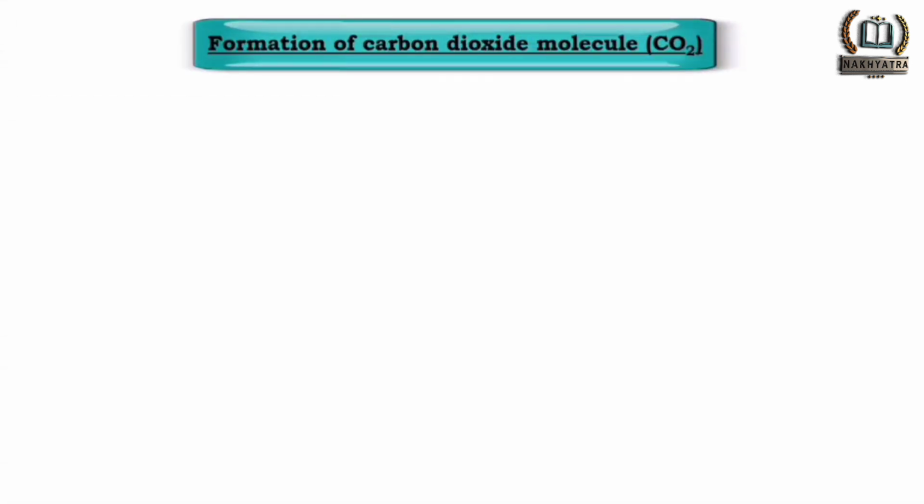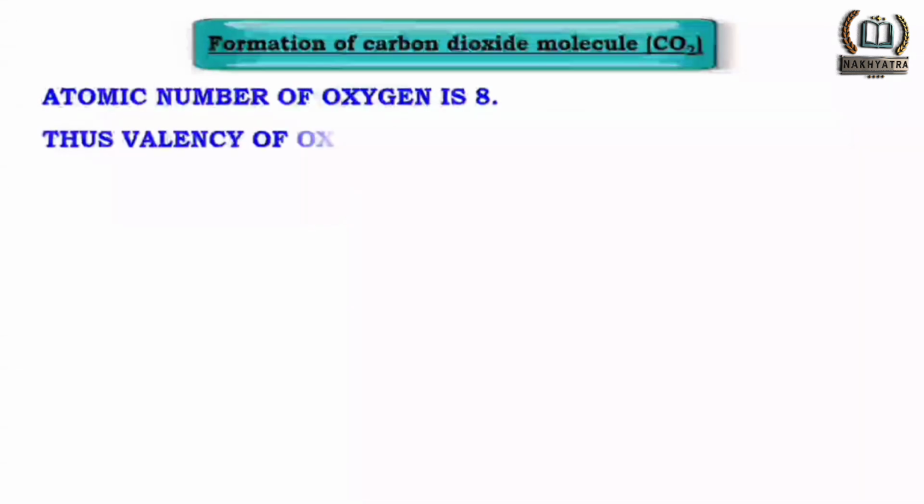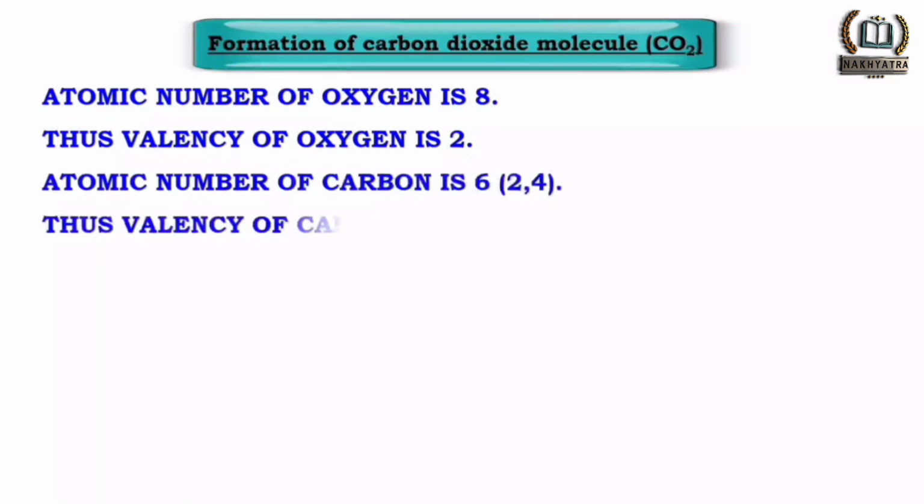Now the last is the formation of carbon dioxide molecule. So CO2 is the molecular structure for carbon dioxide. The atomic number of oxygen is 8, thus valency of oxygen is 2. The atomic number of carbon is 6, with electronic configuration 2, 4, thus valency of carbon is 4.